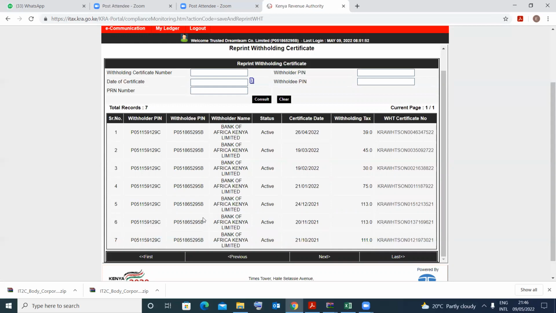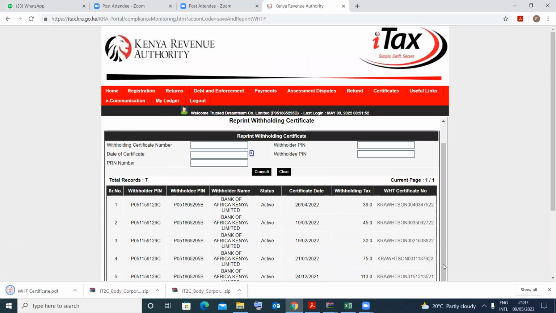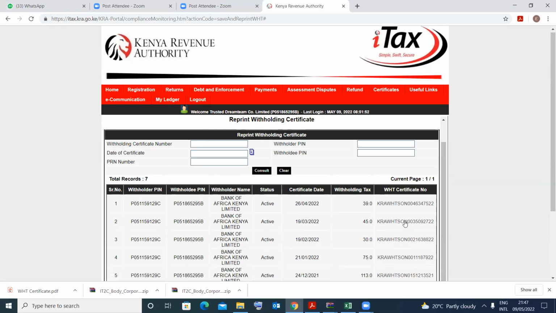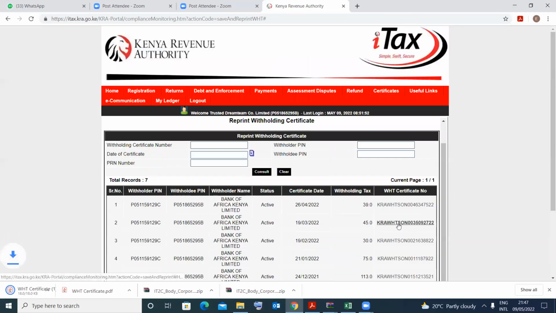You see where triple one is hapo chini. So huko mwisho, songa mwisho hapo, that's where you download the certificates. So you click there. Again, click hiyo ingine so that we get all the certificates. Then songa chini.